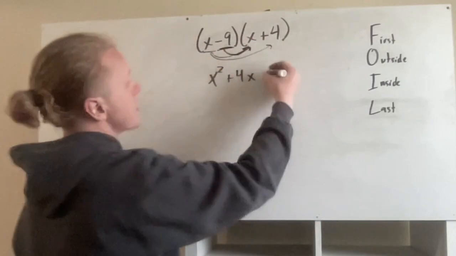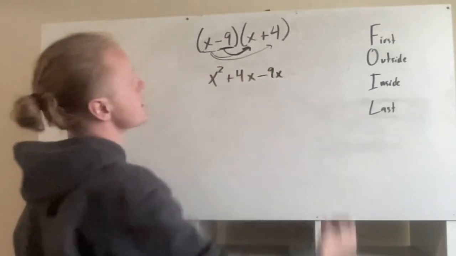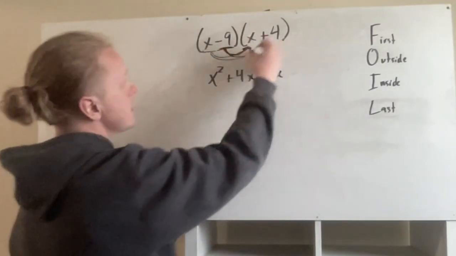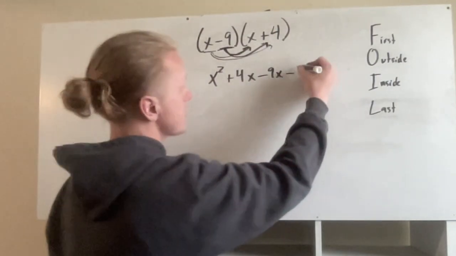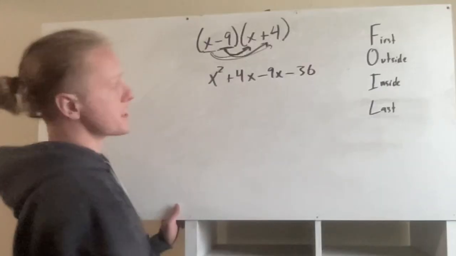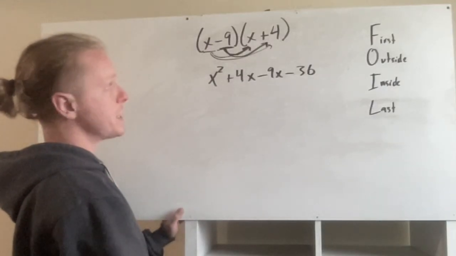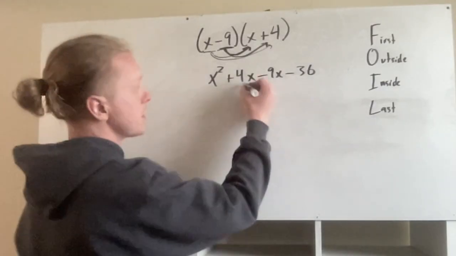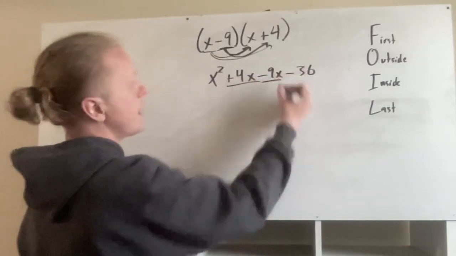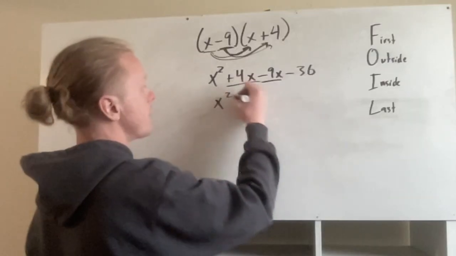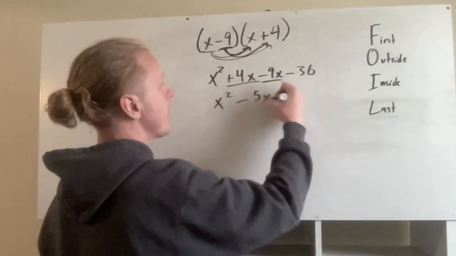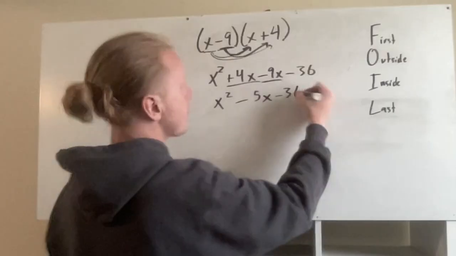Negative 9 times x is minus 9x. And then negative 9 times positive 4 is negative 36, so minus 36. From here, we just need to look, do I have any like terms? Yes, 4x minus 9x. 4 minus 9 is negative 5, so x squared minus 5x minus 36.